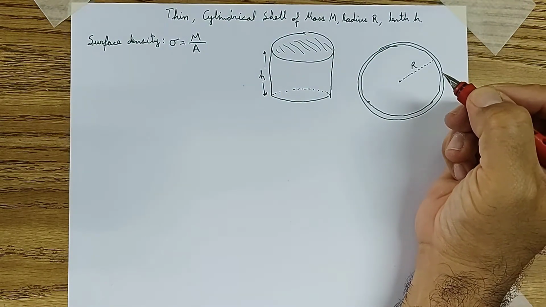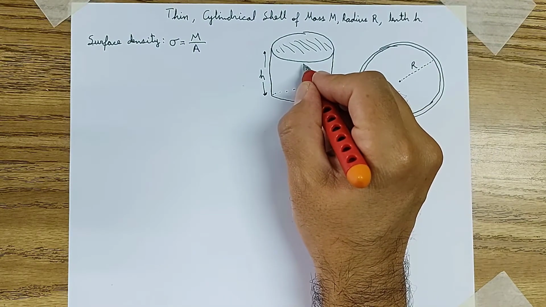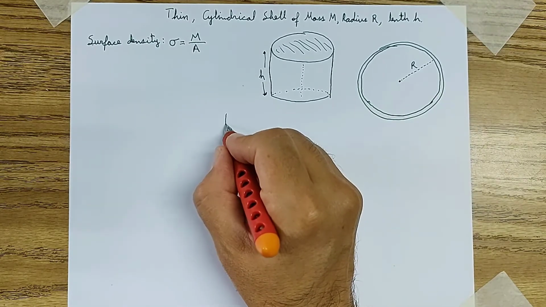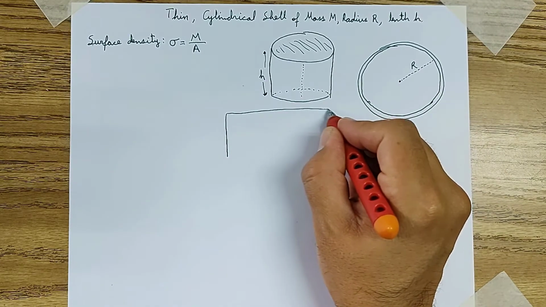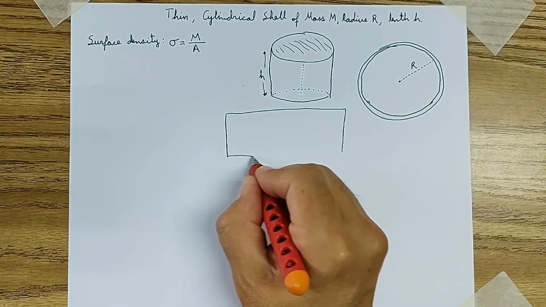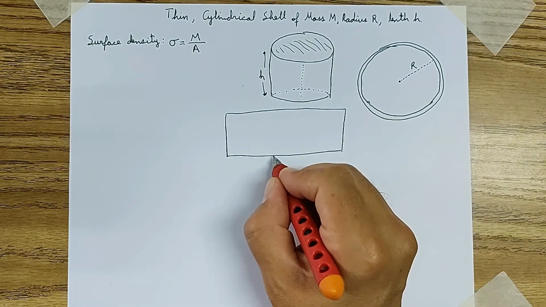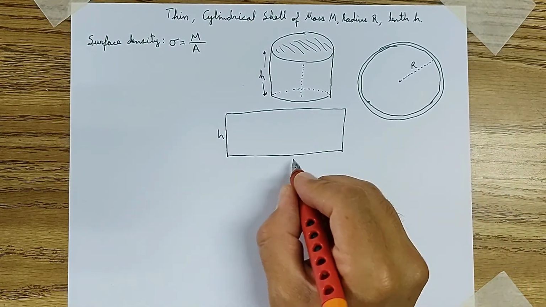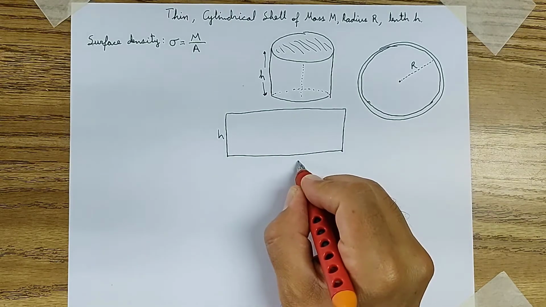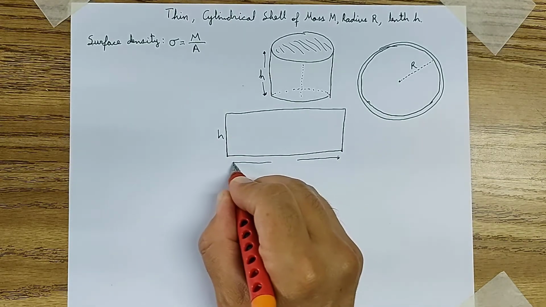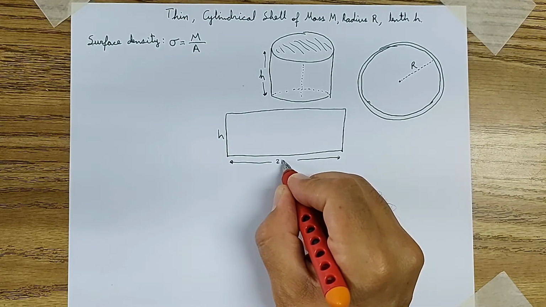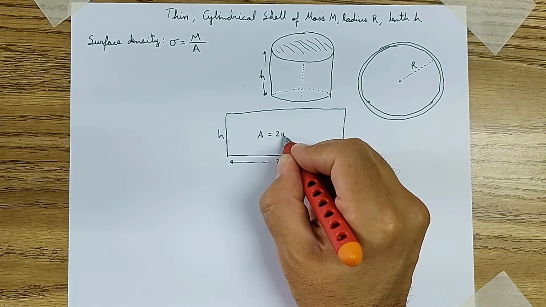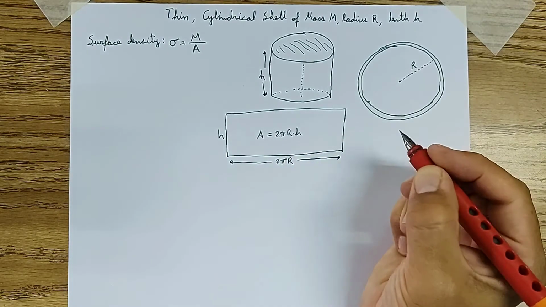And since we can consider this to be an object that is made up of a rectangle that was bent around in a circle, the height is h, and the length or width of the rectangle is basically the circumference of that circle, so that will be 2 pi times the radius, which means the area is 2 pi r h.